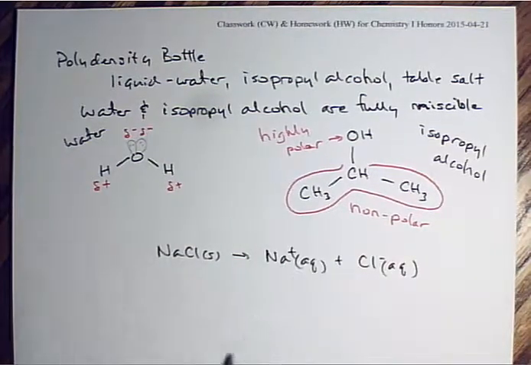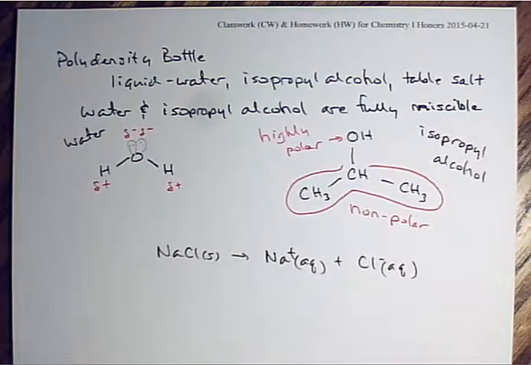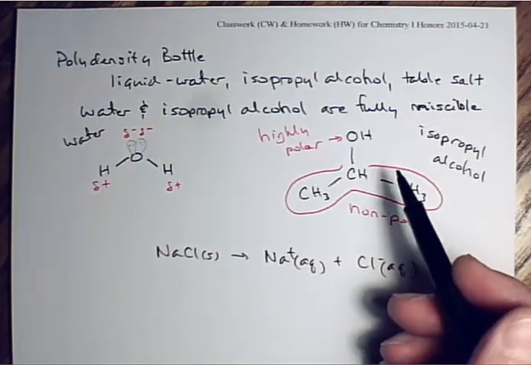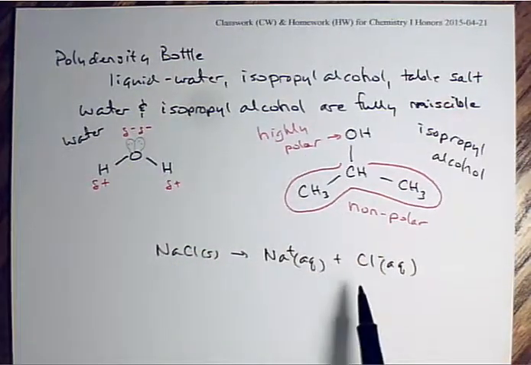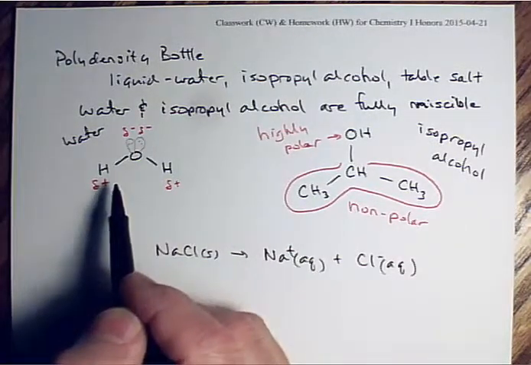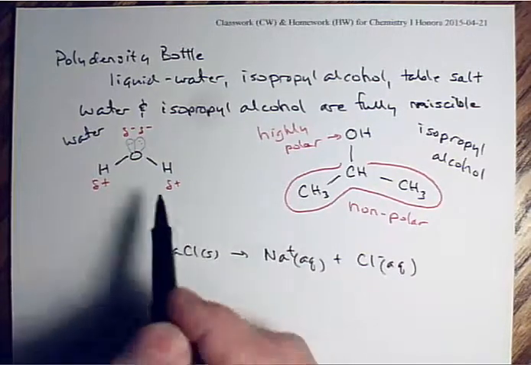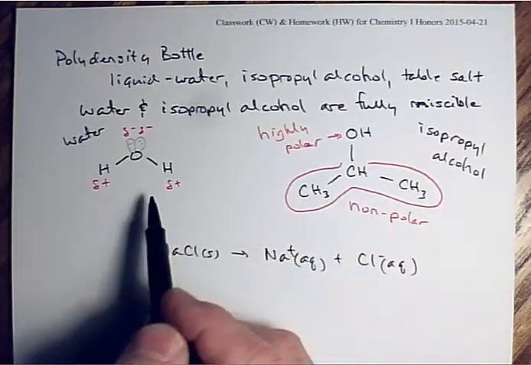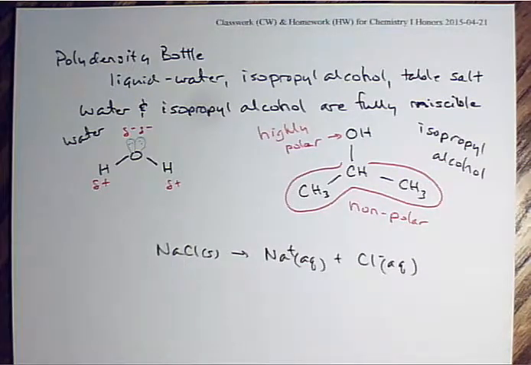So water and isopropyl alcohol can completely dissolve in each other. Water and a salt dissolve very well together. Salt can dissolve somewhat in isopropyl alcohol. But if I put all three together, the salt prefers the water because it's more polar. All right? Well, when the salt dissolves selectively with the water then, the salt water becomes more dense.